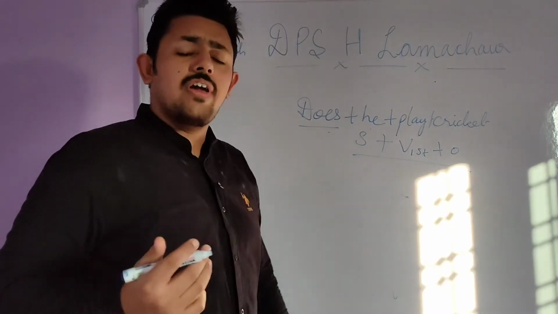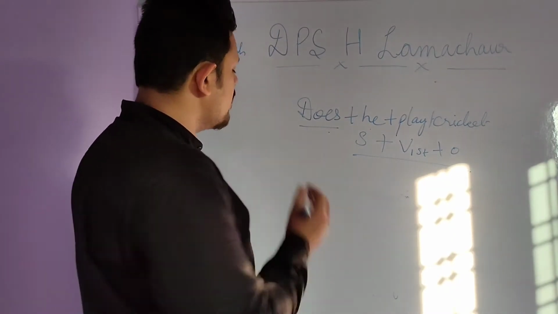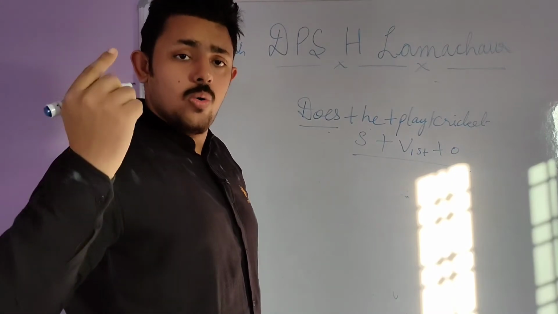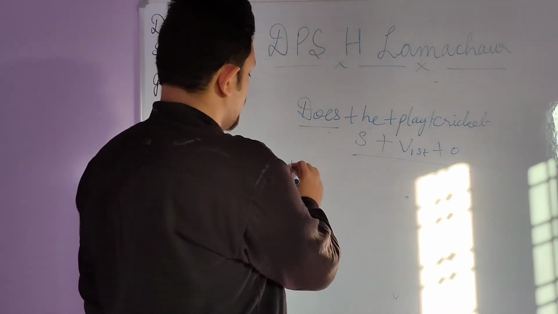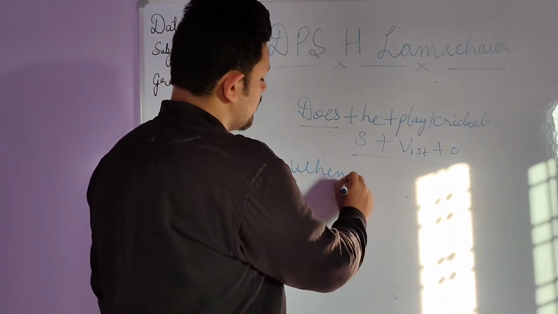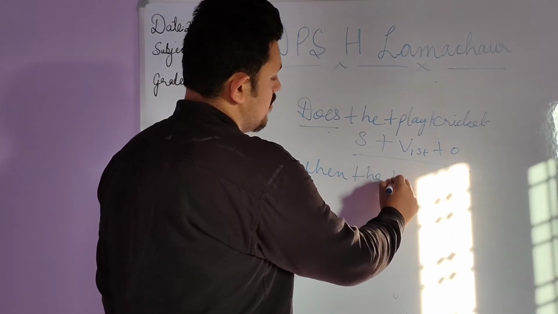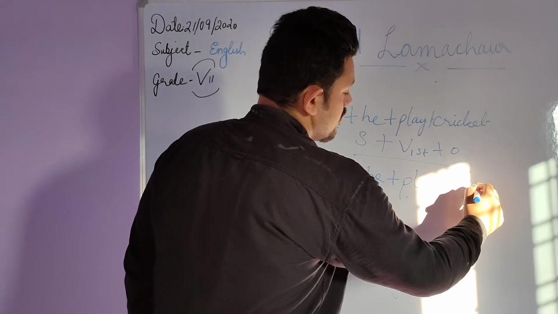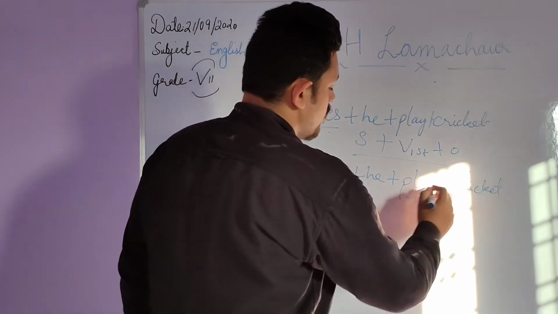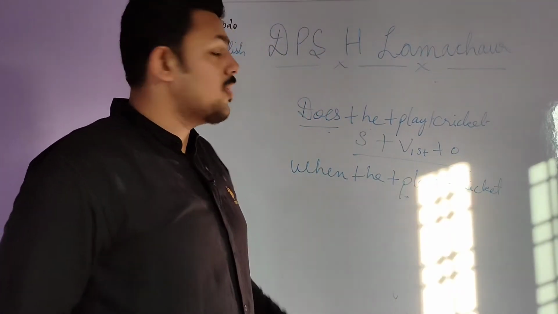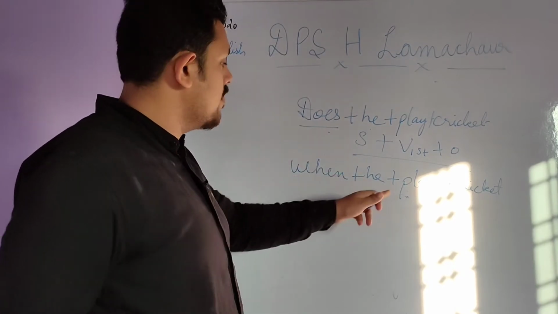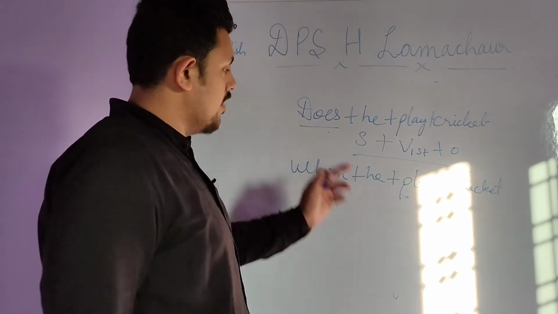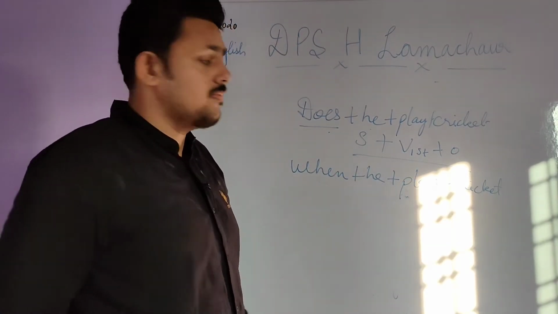And another way of framing the interrogative sentence is to use the interrogative words. When he plays cricket? Because when we are not using do or does, we will use the s here. When he plays cricket?